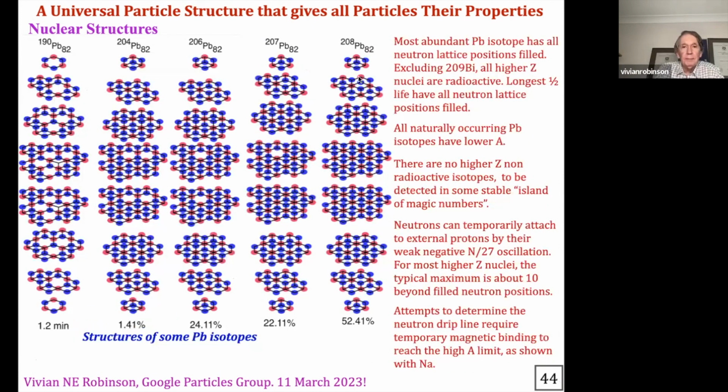I mentioned something about lead. Pb82 has all of its neutron lattice positions vacant, and all its stable isotopes are lower mass, excluding Pb209, which is also stable if you regard it as stable. For all other nuclei with higher Z, the most stable one will be the most abundant one.